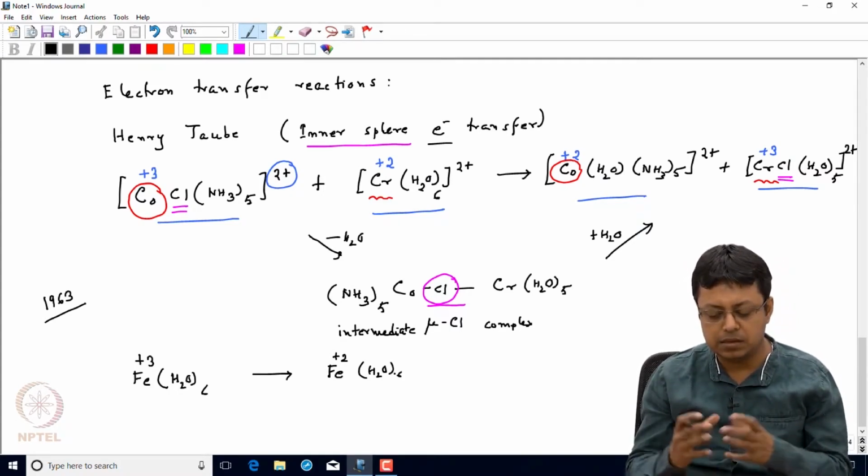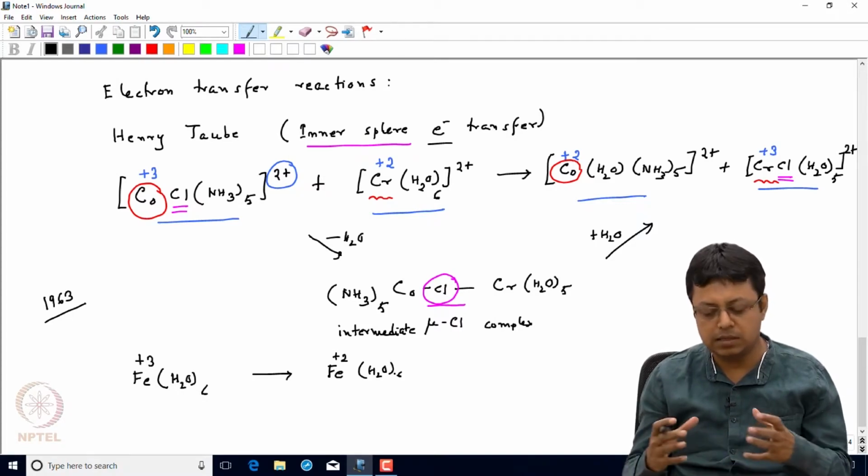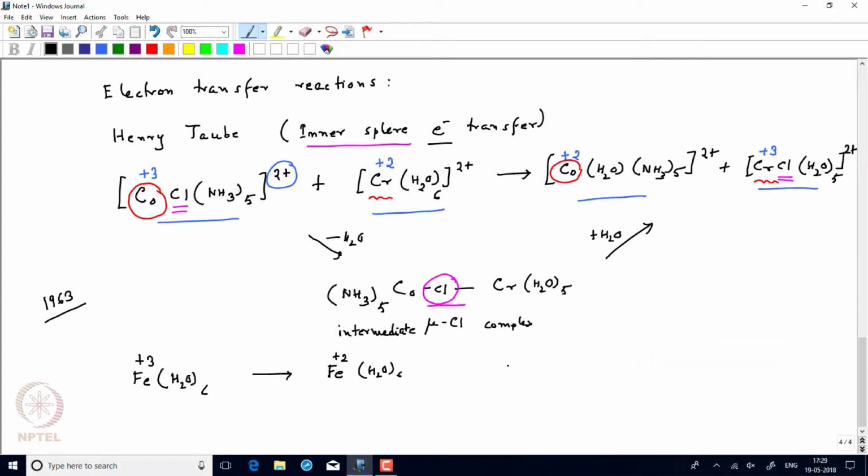These kinds of reactions were categorized as outer sphere electron transfer, because people thought that electron transfer is mediated by something external, residing not in the inner sphere but in the outer sphere, because the inner sphere is still intact, which is the 6 water molecules that form the inner sphere.